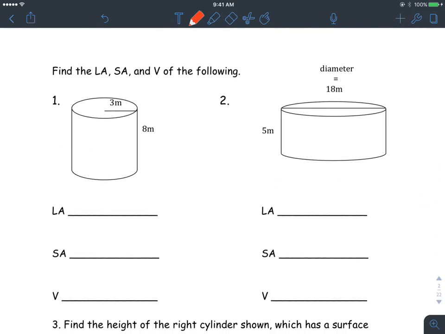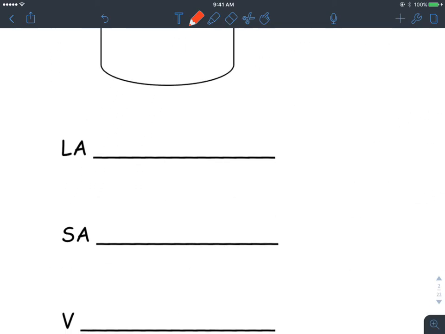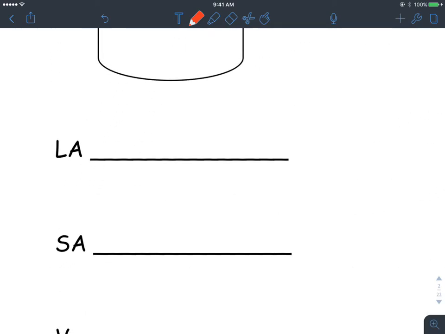So we're going to go ahead and try a few of these here. Just for time's sake, I have all the numbers and everything already worked out here, so I'm just going to copy that over. What your teacher will probably want to see is the formula and then the numbers plugged into the formula.